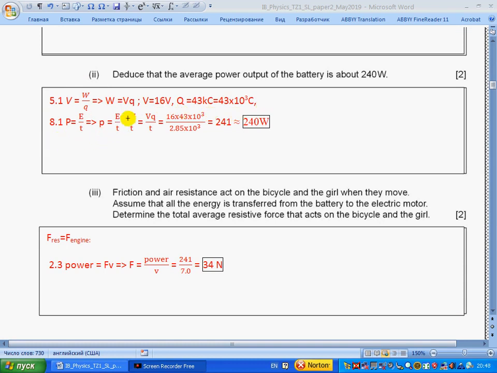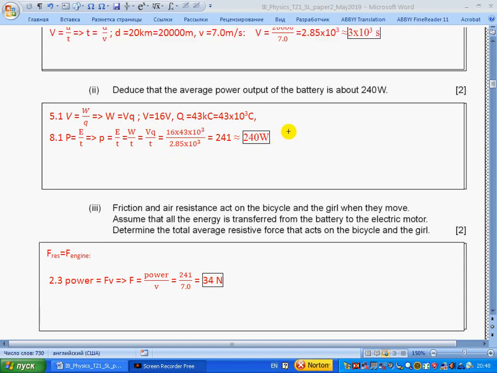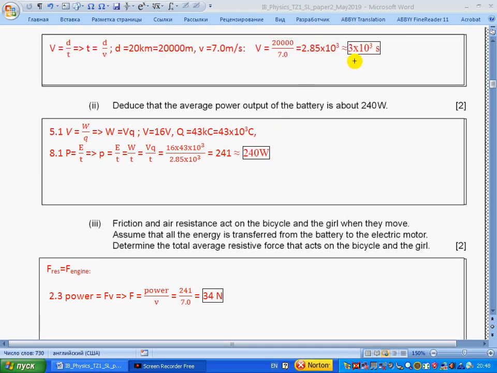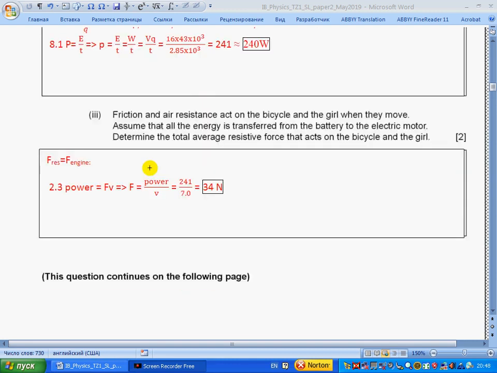So energy equals work, work we replace by voltage times charge, and substitute the values that we have, and we get 240 watt. By the way, I used not the last answer, but the intermediate answer with 3 significant figures, so I got what they required.